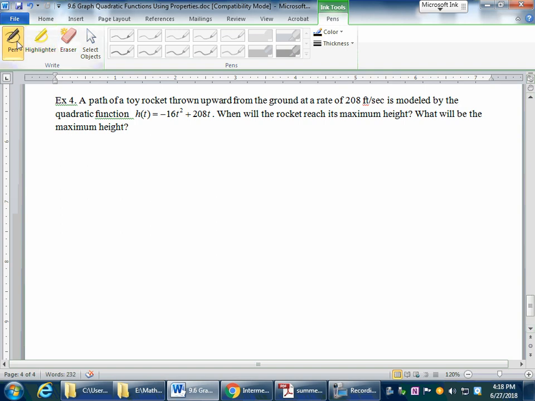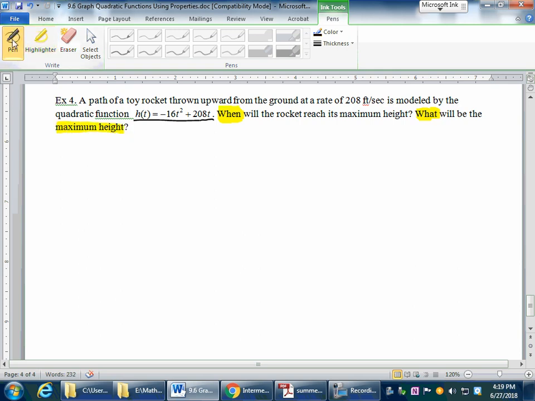So it tells you a path of the rocket going upward is given by this function right here. Okay. And now the question is, when will the rocket reach the maximum height? So when, that's asking for the time it's going to reach the maximum height, and what will be the maximum height. So it's asking you when and what, two cases.